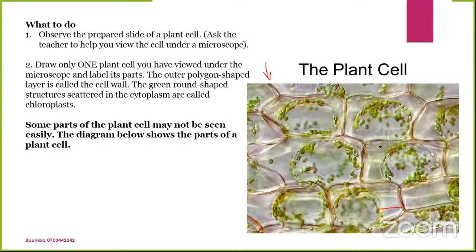In my observation, this is cell 1, this is cell 2, this is 3, 4, 5, 6, 7, 8, 9. You see, we can count many cells here. And by the way, some parts of the cell may not be seen easily.